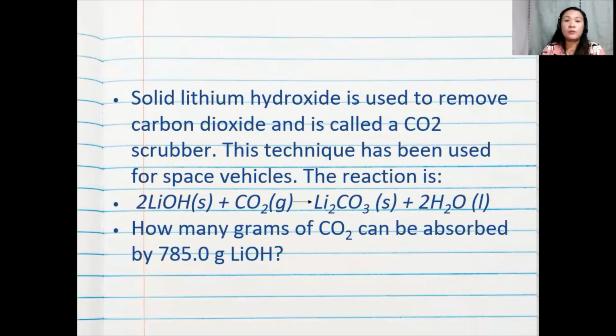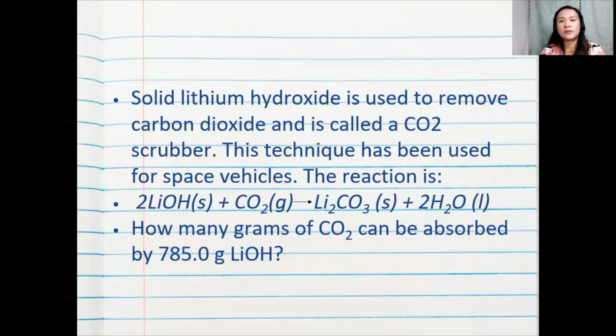Solid lithium hydroxide is used to remove carbon dioxide and is called a carbon dioxide scrubber. This technique has been used for space vehicles, and the reaction for this chemical equation is 2 lithium hydroxide plus carbon dioxide will form Li2CO3, or lithium carbonate, plus 2 water.